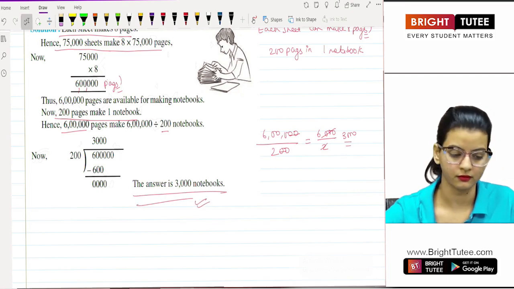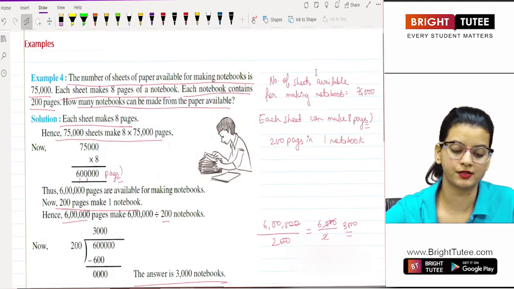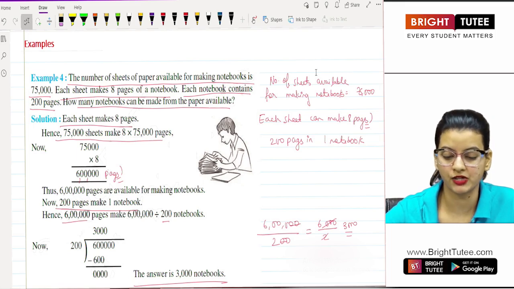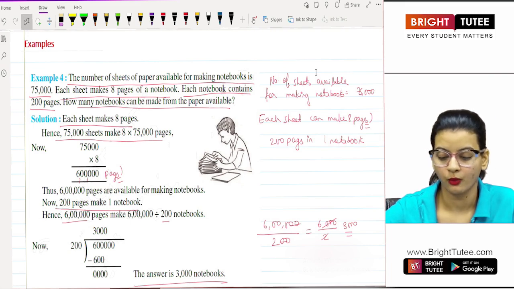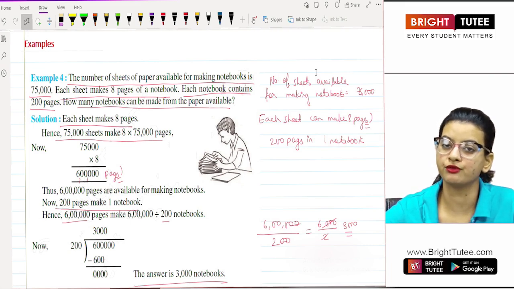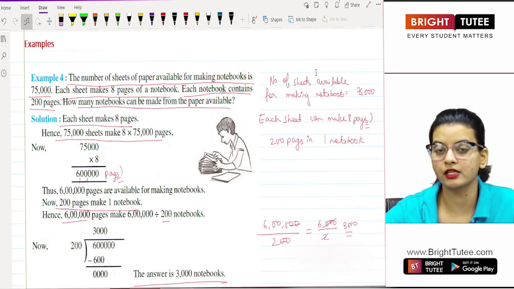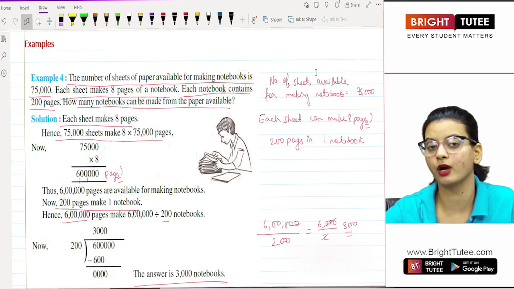Okay. So, step by step, first we have to understand. Earlier we did only addition or subtraction or multiplication. Here we did multiplication and division both to get the answer. Why? Because initially we need to find out how many pages are available, and then it is given that 200 pages are required for one notebook.